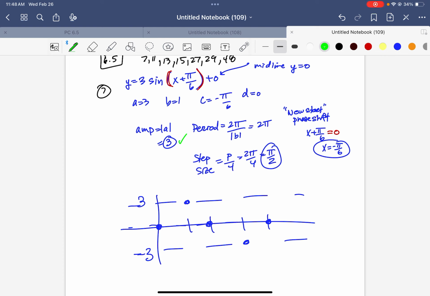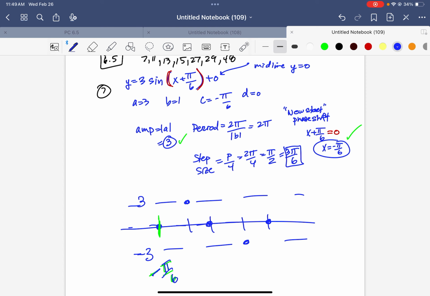Now I need to have my new starting value. So my new starting value is going to be right here at negative pi over 6. And then every time I take a step, it's going to be of size pi over 2. Well, in terms of sixes, this is just equal to 3 pi over 6.